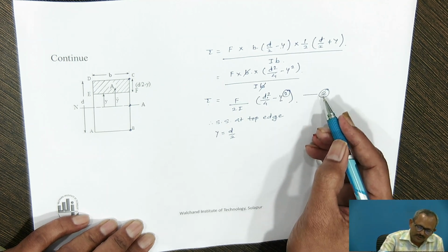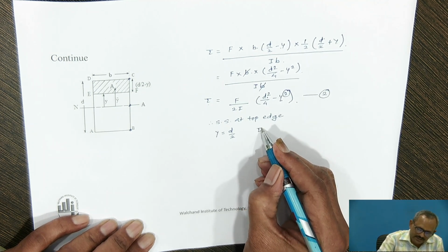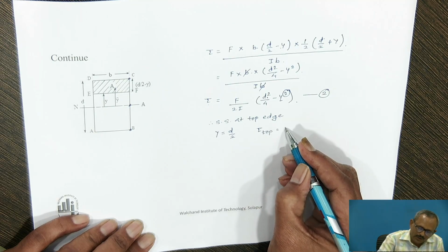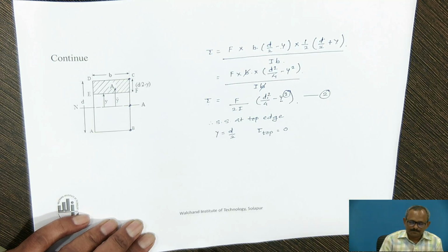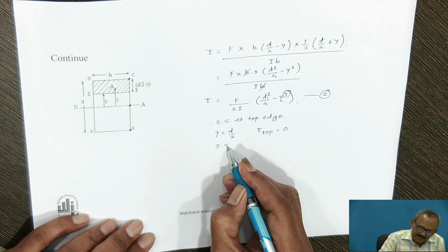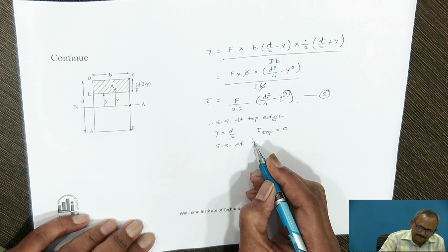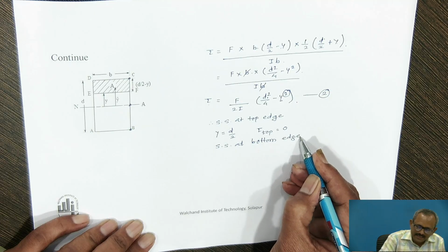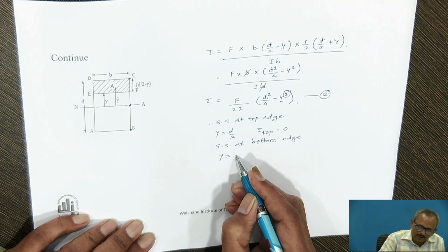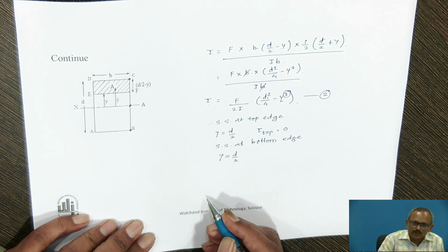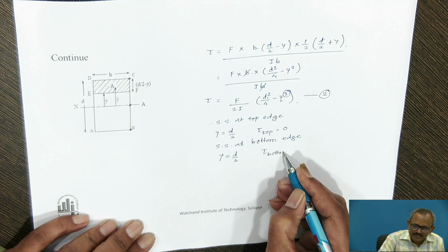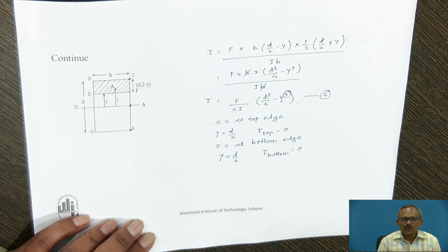So when I put that value, shear stress at the top edge is equal to 0. Similarly, shear stress at the bottom edge can be obtained by putting y equal to minus d by 2. Again, shear stress at the bottom edge is also equal to 0.